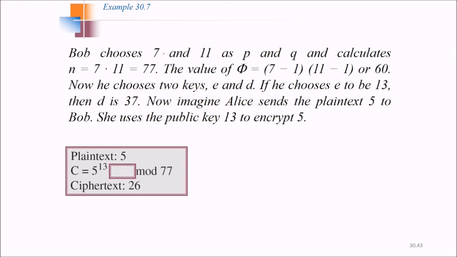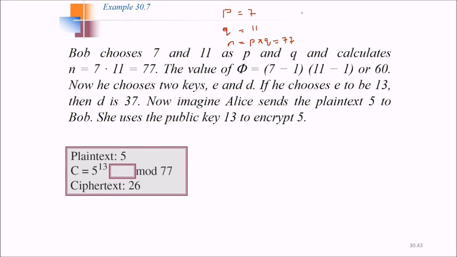Suppose Bob wants to send, whatever variables we have seen, I'll write here. P was 7, and he chooses Q as 11. So now he has to calculate N. N is nothing but P into Q, and that will be 77.